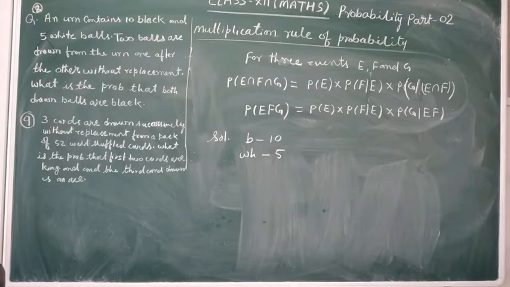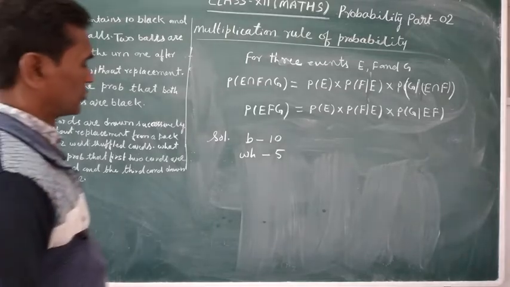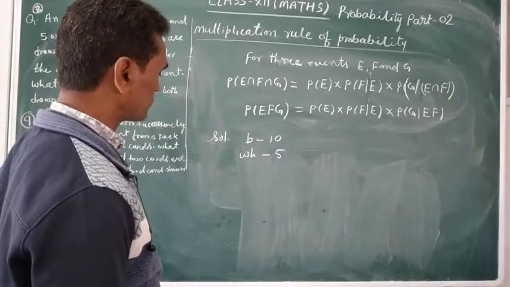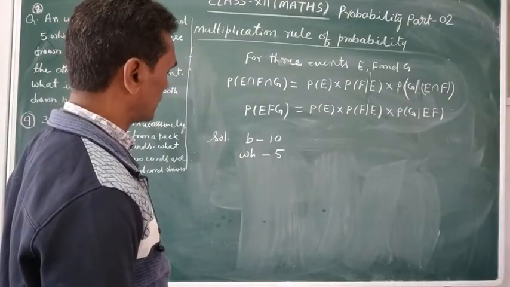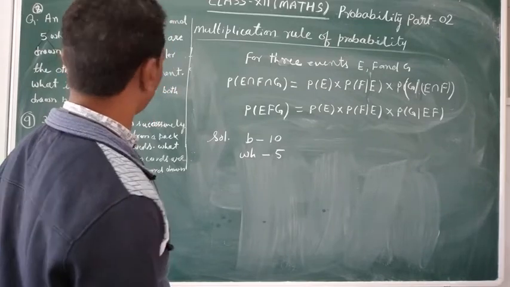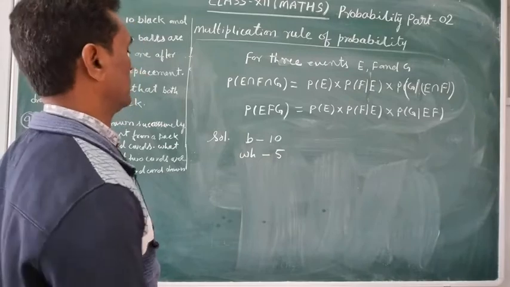What is the probability that both drawn balls are black? So there are 15 balls, and 2 balls are drawn one after the other without replacement.